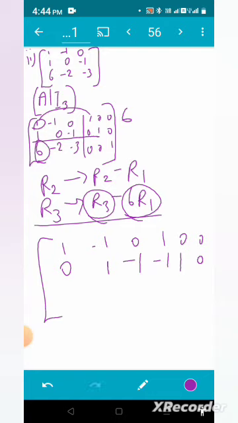R3 is 6 minus 6, that is 0. Similarly, minus 2 plus 6, that is 4.